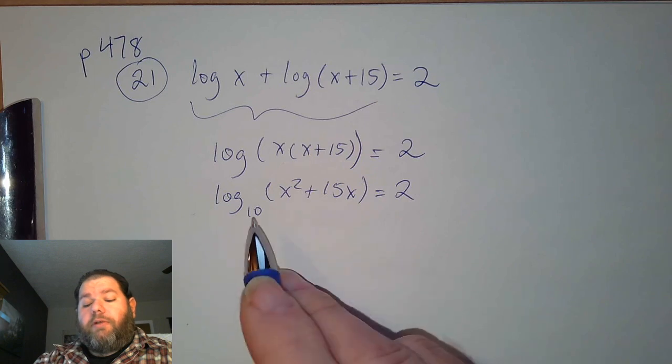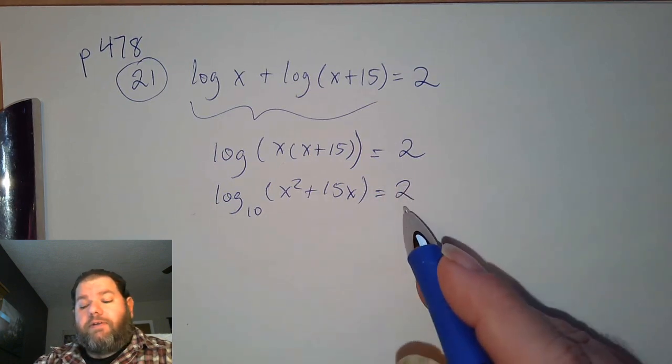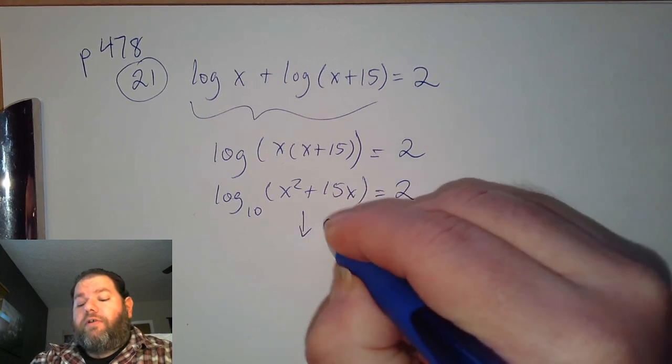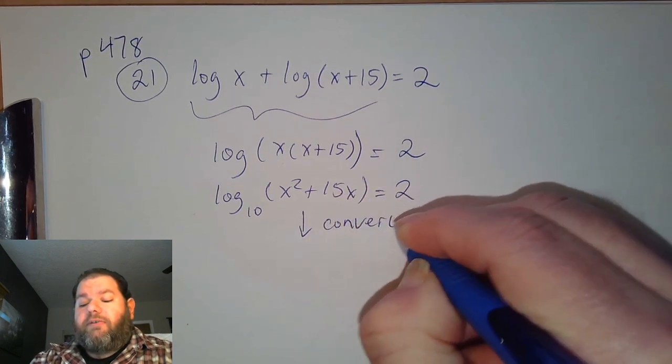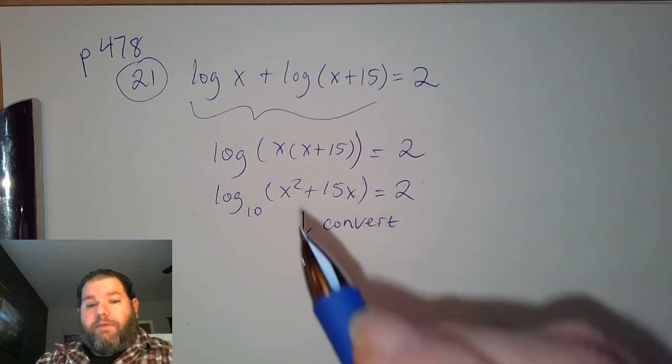Now that's important because we need to know what the base is, because our very next step, since we have log equal to a constant, is to convert this into exponential form, which makes it 10 to the second equals x squared plus 15x.